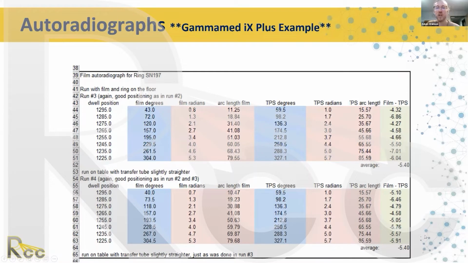So I think I did a really good job measuring this. I got the same results. So I apply about a minus 5 millimeter correction factor. And again, I'll show you shortly how we apply that correction factor in terms of actual planning. But this is the average difference between the sources measured and the sources in the TPS.